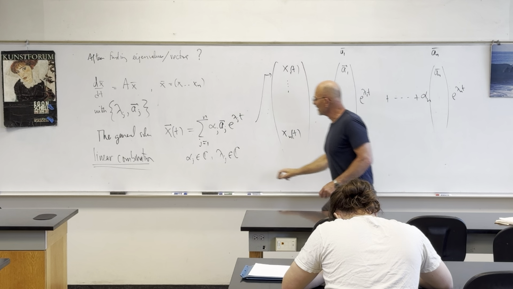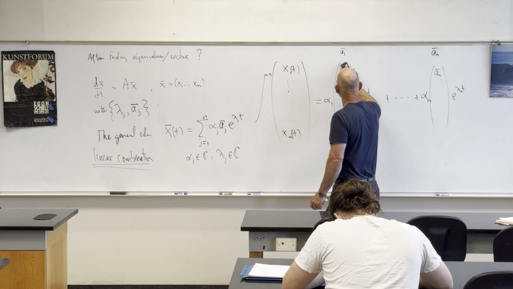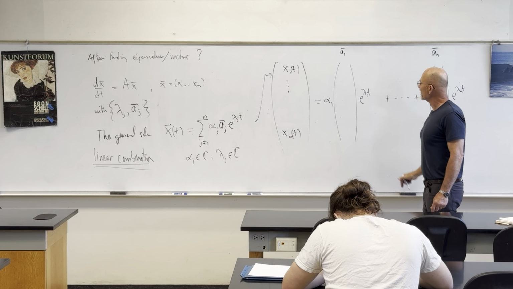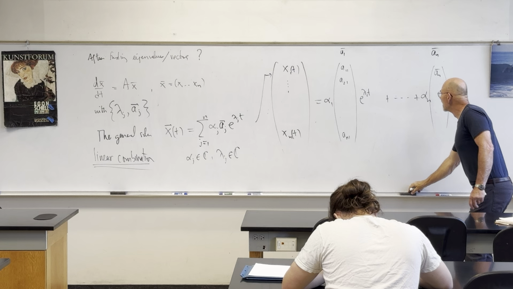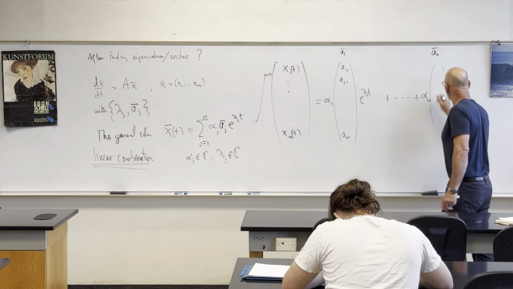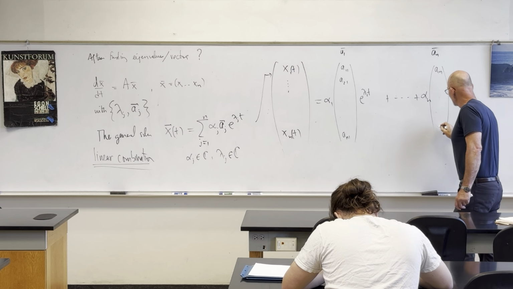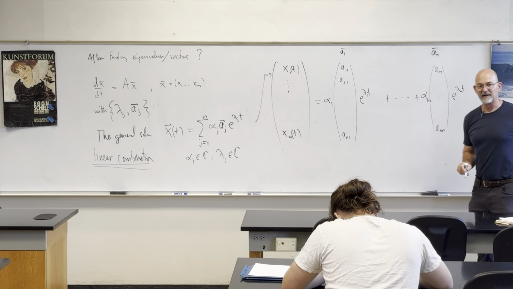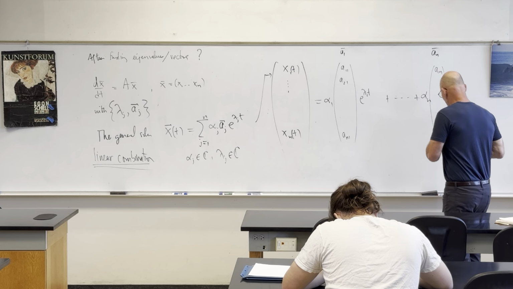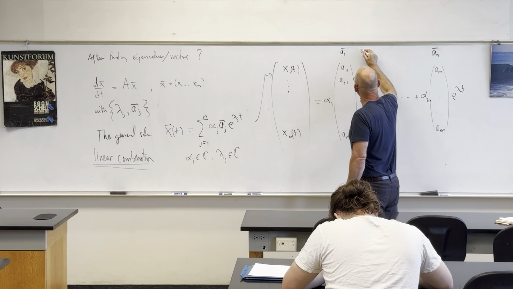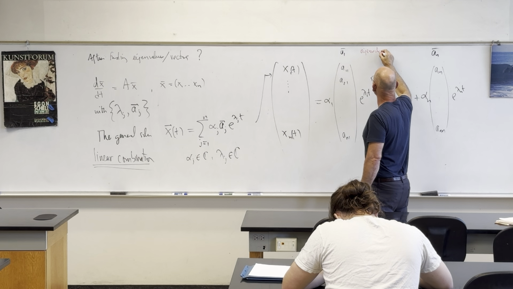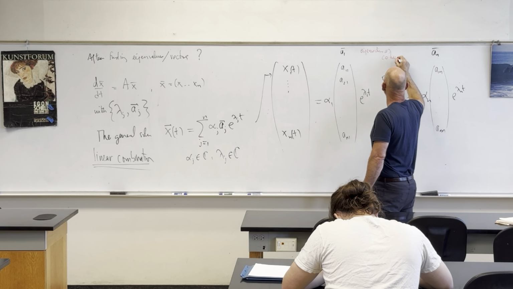Then how would I label these columns? A11, A21, all the way down to An1, and A1n, all the way down to Ann. So I'll put this as a note for you guys: eigenvectors as columns.